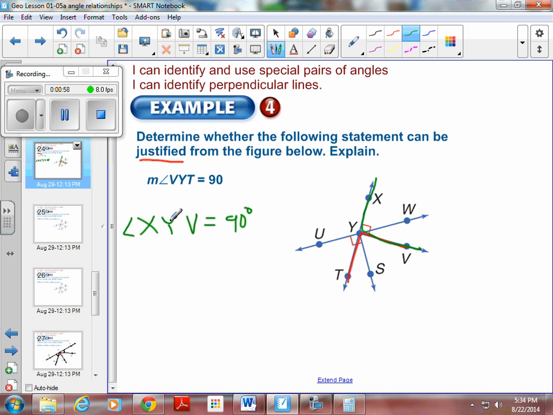You know that angle XYV and angle VYT are a linear pair, right? They are a linear pair.